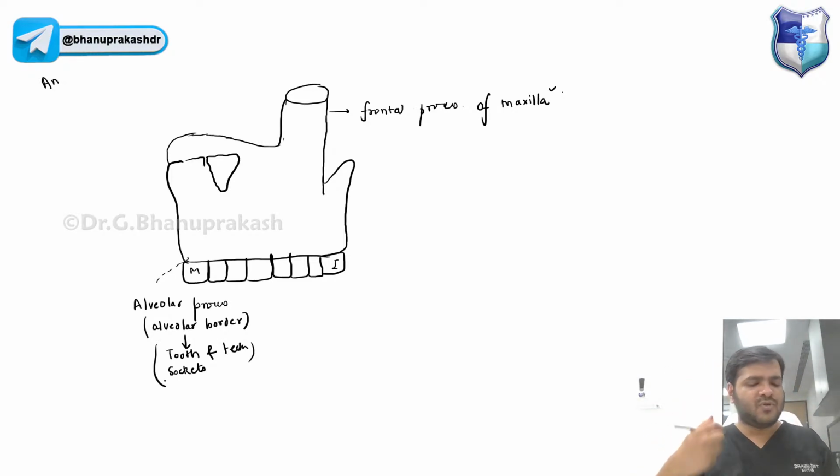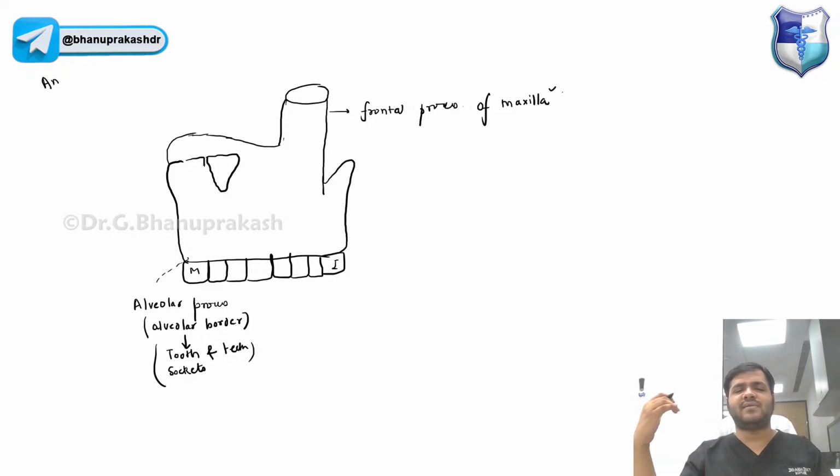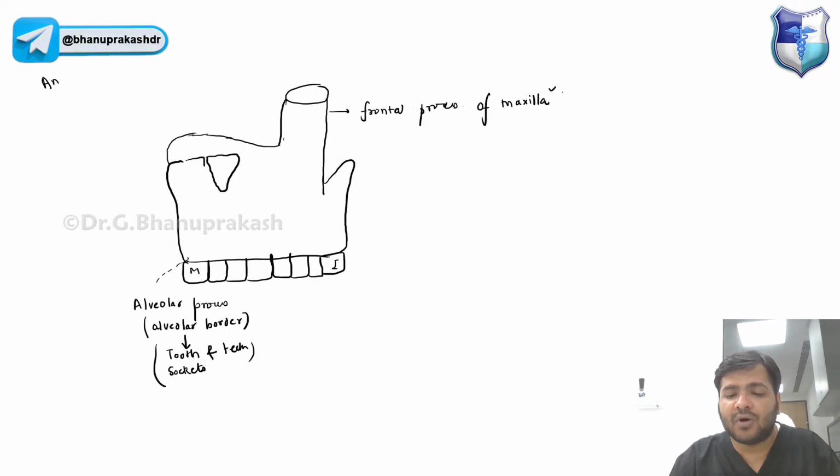So we have a frontal process above, and below the alveolar process, which is the alveolar border containing the molars and incisors, the tooth sockets and the teeth. That is something you have to remember, guys.